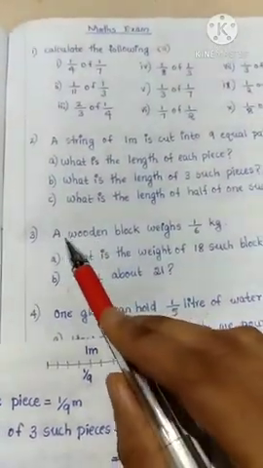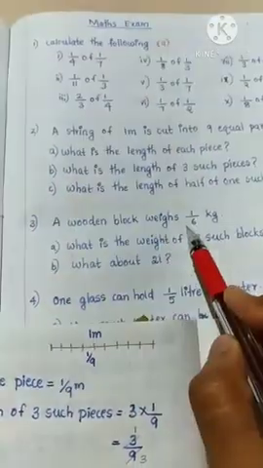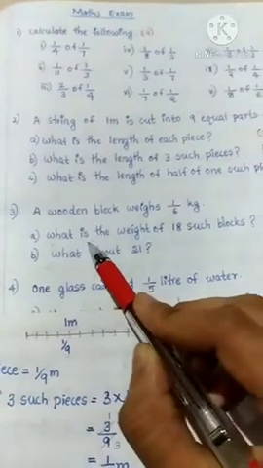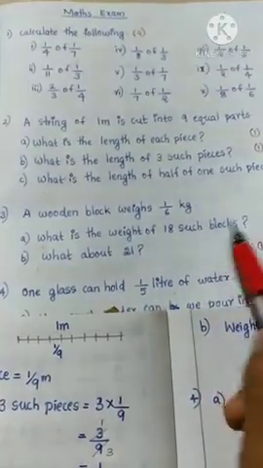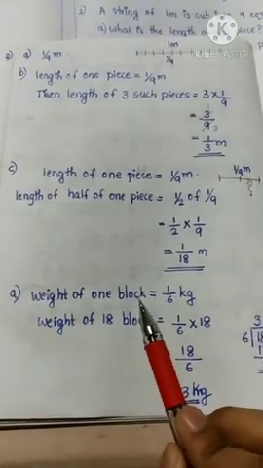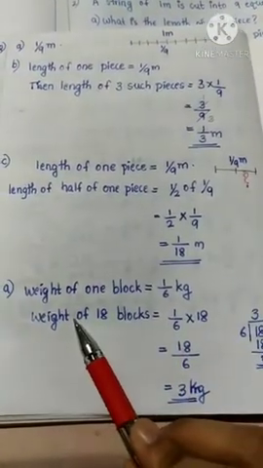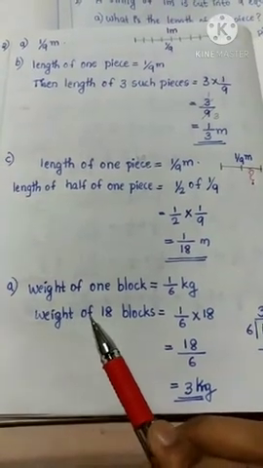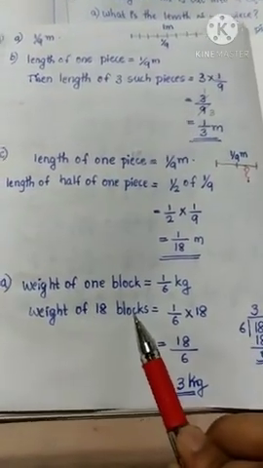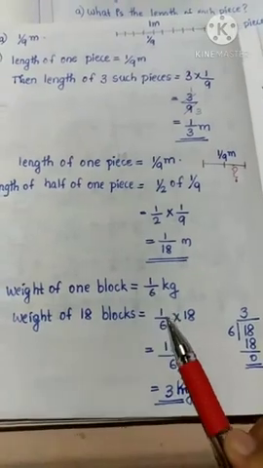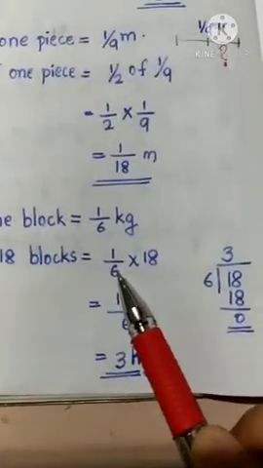Next, third question. A wooden block weighs 1 by 6 kilogram. What is the weight of 18 such blocks? The weight of one block is how much? 1 by 6 kilogram. We have to find out the weight of 18 blocks. So the weight of one block is how much? 1 by 6.